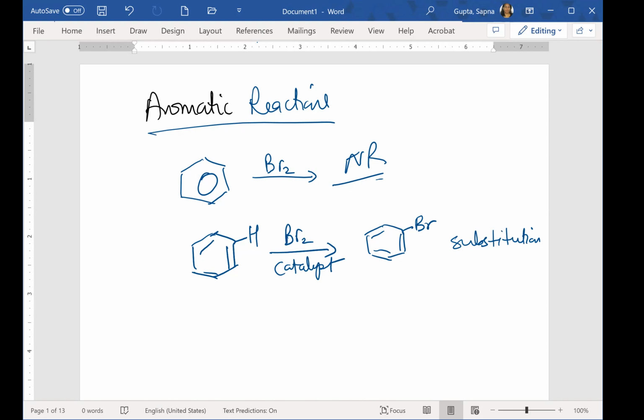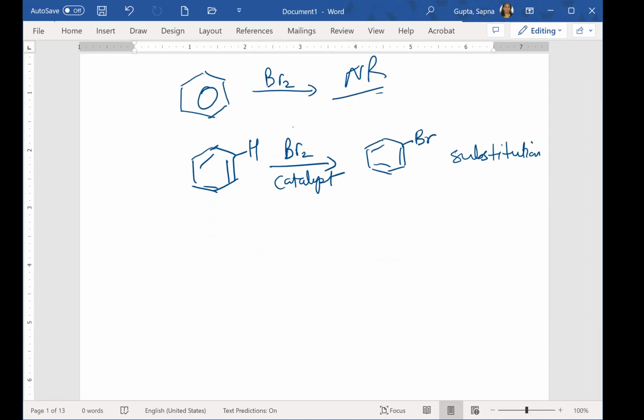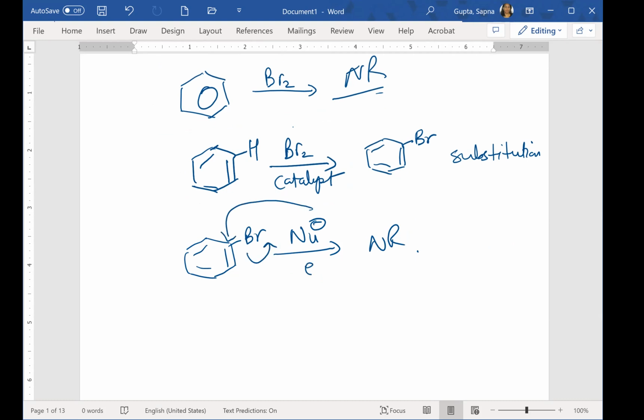Let me remind you of one thing. It was not a huge thing, but we did talk about this a little bit when we were talking about SN1, SN2 reactions. I said that if you had a leaving group on the benzene ring and you treated it with a nucleophile, you will also not get any reaction, because the nucleophile is electron rich, but so is the benzene ring.